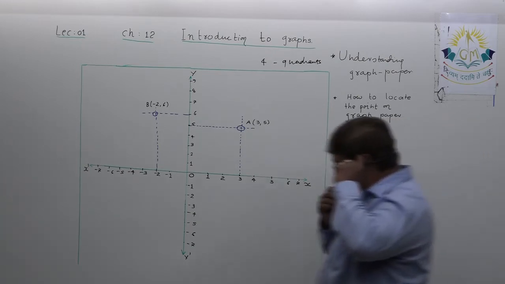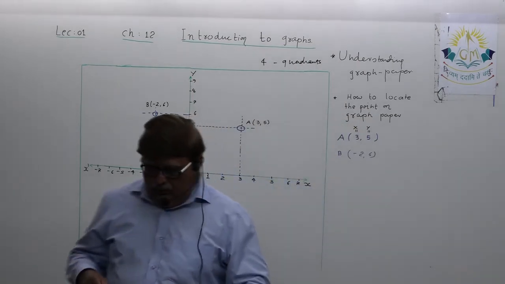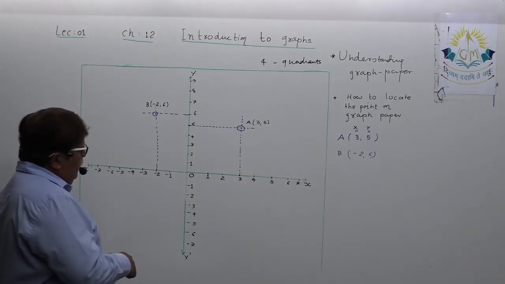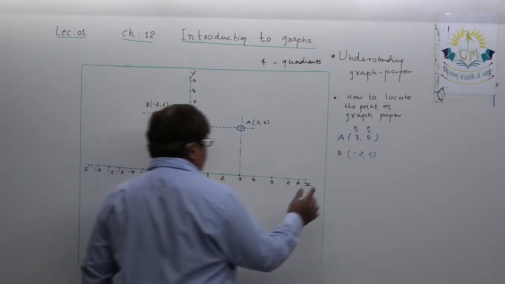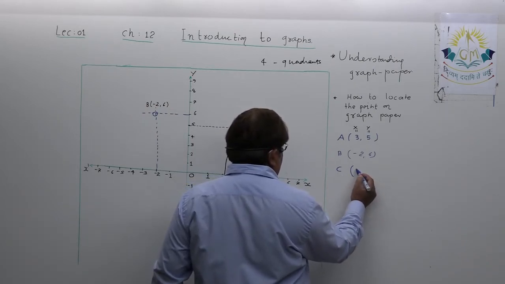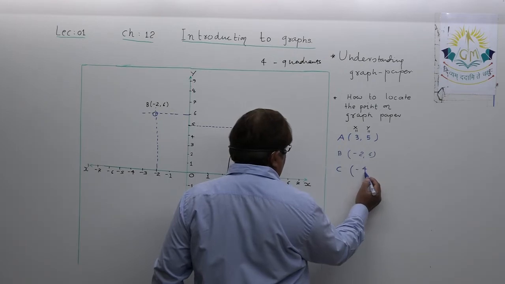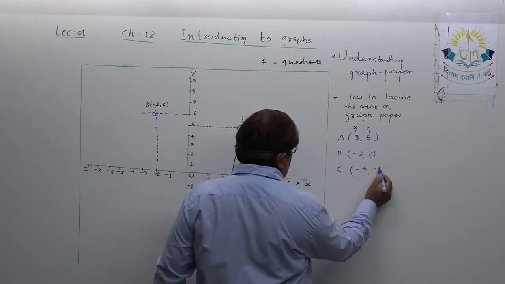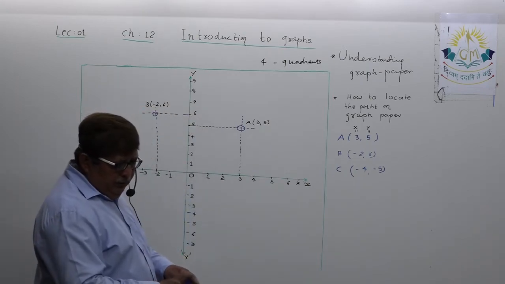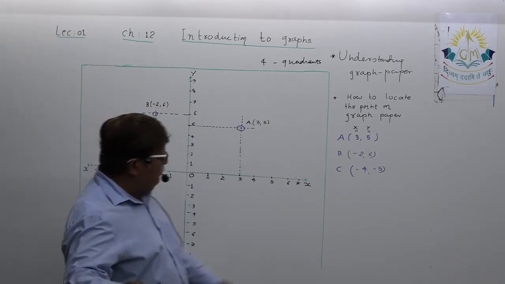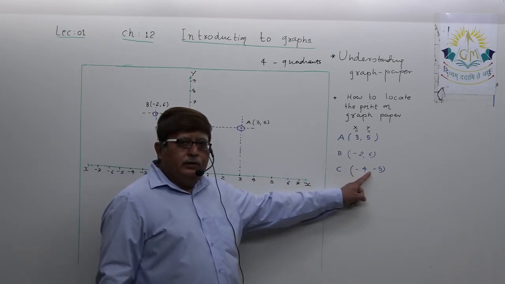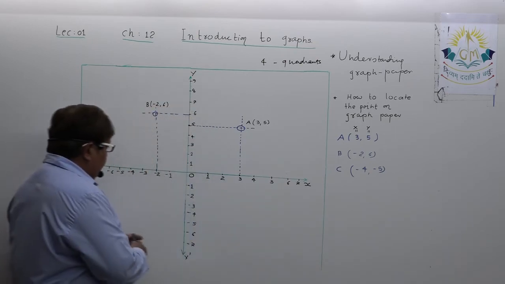Okay. Now let us take one more point to represent. Suppose we take point C. I am writing the coordinates here minus 4 comma minus 5. What speciality you see in this, dear student? X coordinate minus 4, y coordinate minus 5.